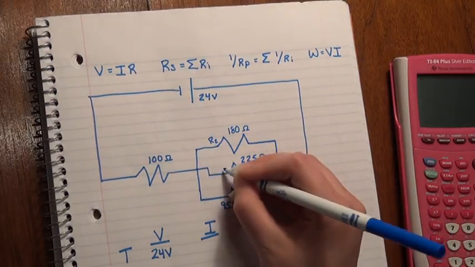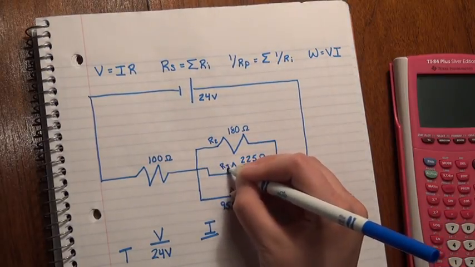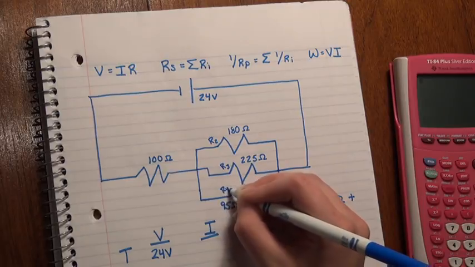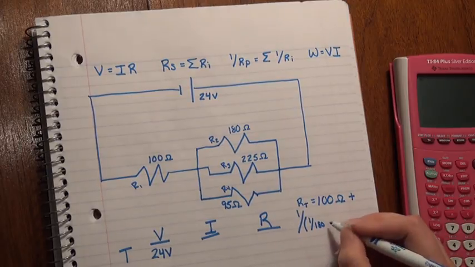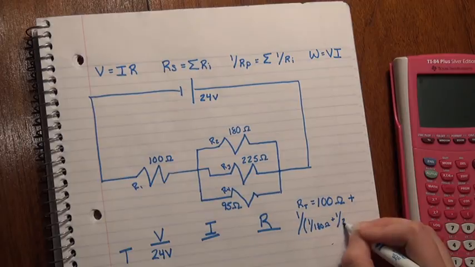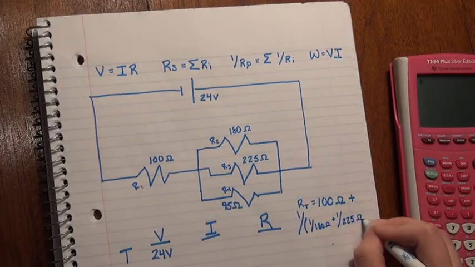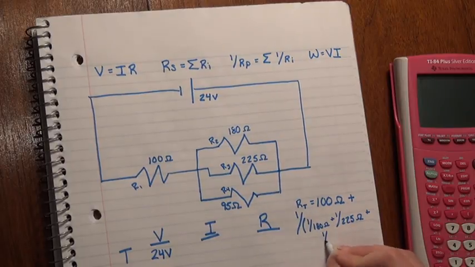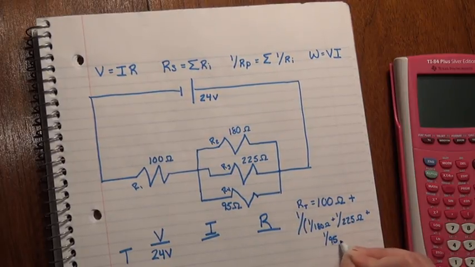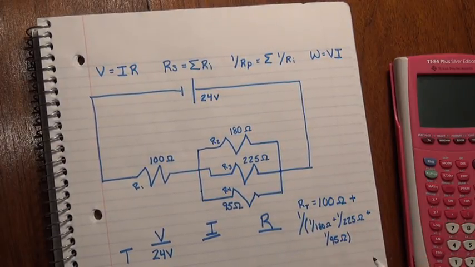This is R2, this is R3, this is R4, and this is R1. And so R2 is 180 ohms, plus 1 over 225 ohms, which is resistor 3 here, plus 1 over 95 ohms, which is resistor 4.